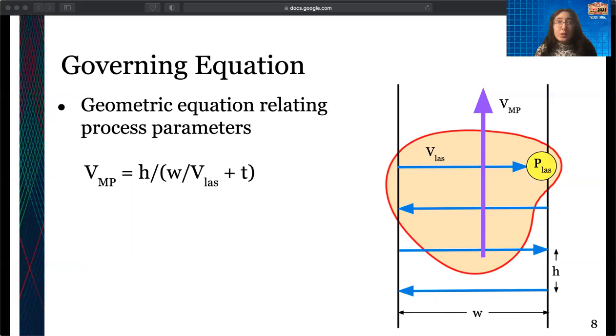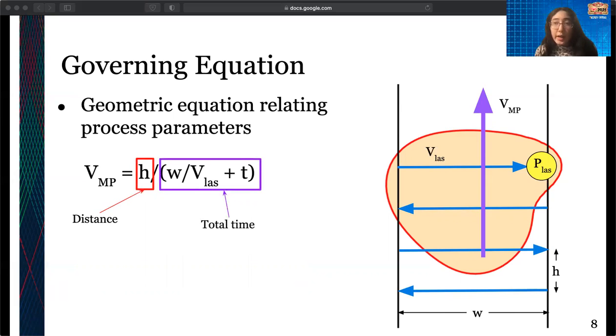In order to relate some of our key process variables, we can define a governing equation from simple geometric relationships. What we can do is take melt pool velocity and break that down by its definition. Velocity is distance divided by time. The distance it travels is one hatch spacing upwards in our diagram.